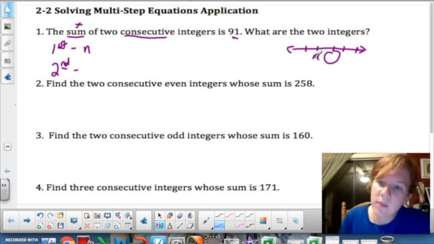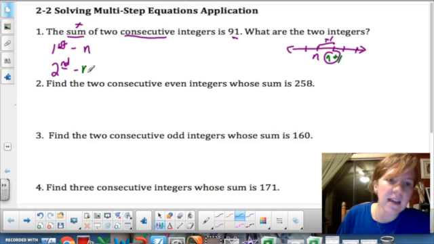To get from this n, the first integer, to the second integer, I've got to go up 1, which means if I take this value, whatever it may be, and add 1 to it, so n plus 1, that should get me my second integer. So the second integer is n plus 1.